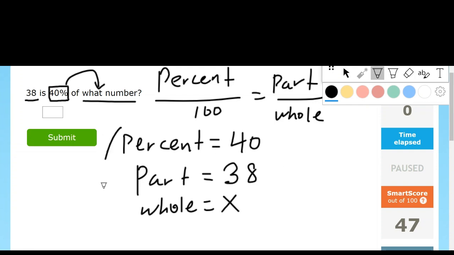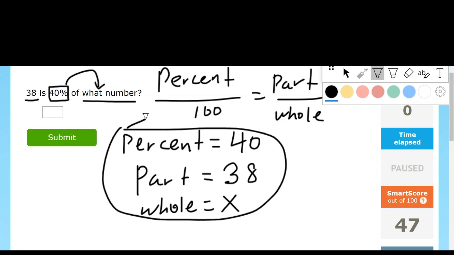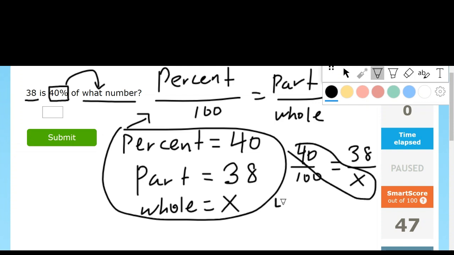So plugging in what we have here into our proportion up here, we have 40 over 100 equals our part, which is 38, over my whole, which is x, and cross multiplying to form a new equation. 40x equals 100 times 38 is 3,800.